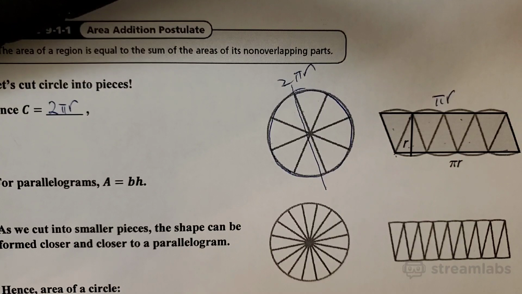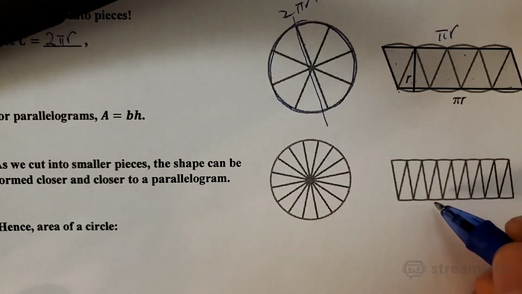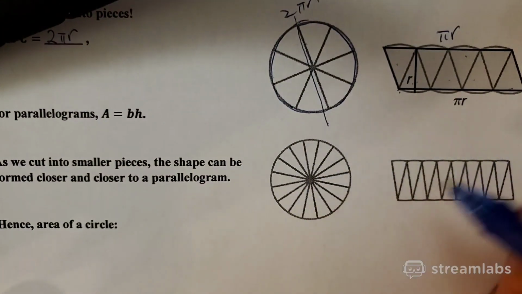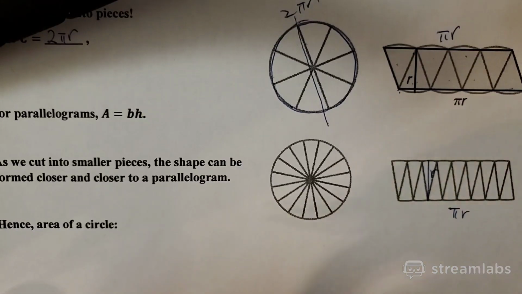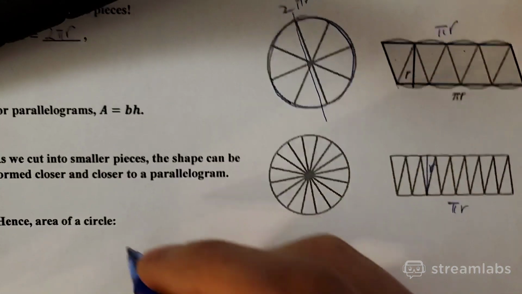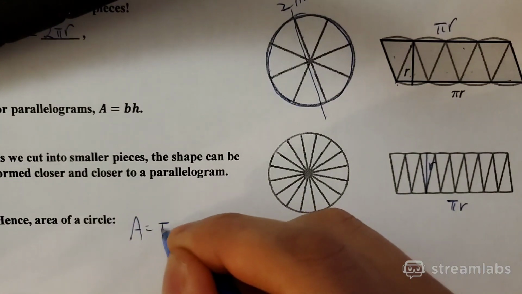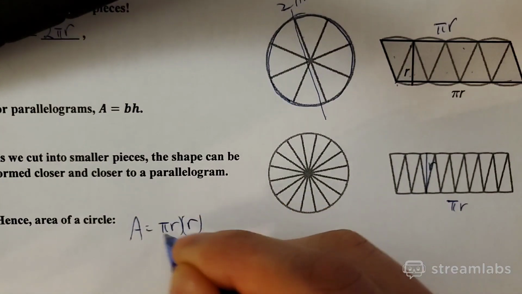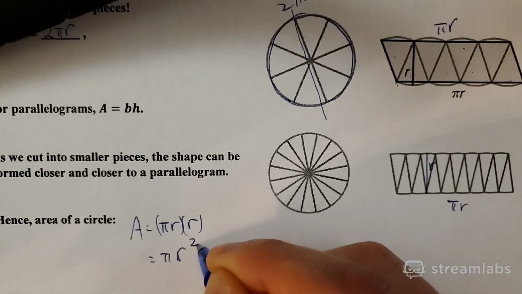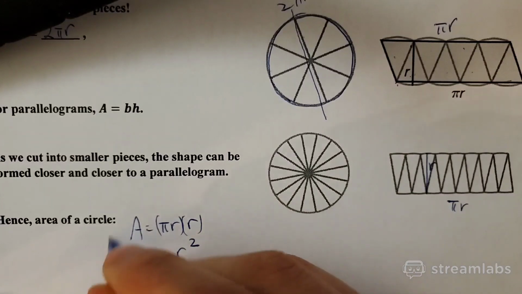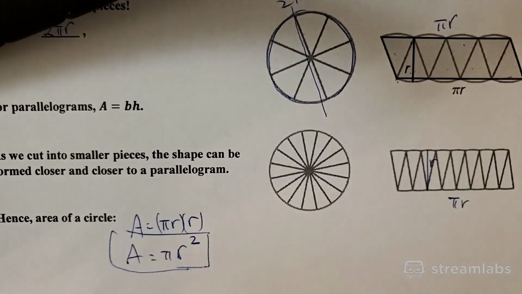Make sense? So in the long run, if you cut in half more and more, this will be pi r times r. Hence, the area of the circle is pi r times r, which is pi r squared, which is the formula we love and know. So far so good? That's just an idea of the proof. Okay?